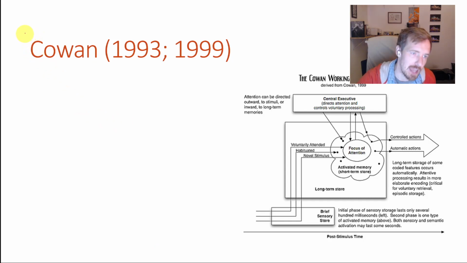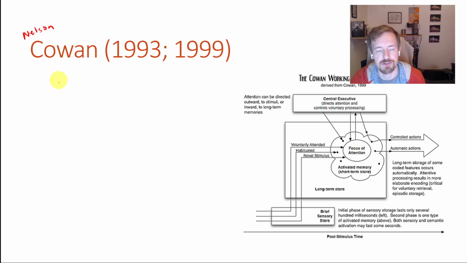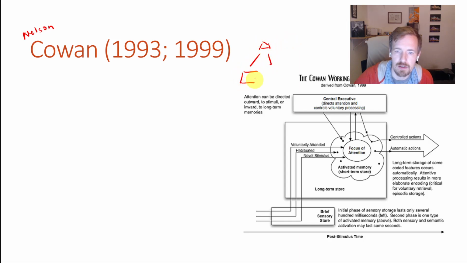So we got Nelson Cowan. Nelson Cowan is a researcher. Actually, I think he just retired. So he was a researcher who put this working memory model forward. So it's not that we have these 3 pieces, the phonological loop and the visual spatial sketchpad and the central executive.